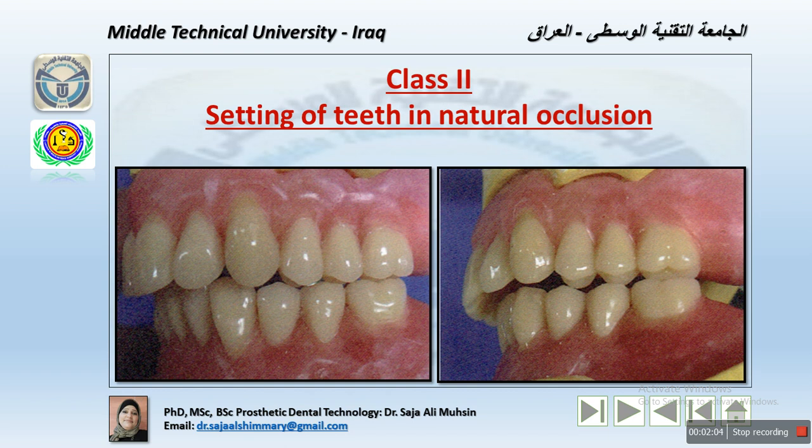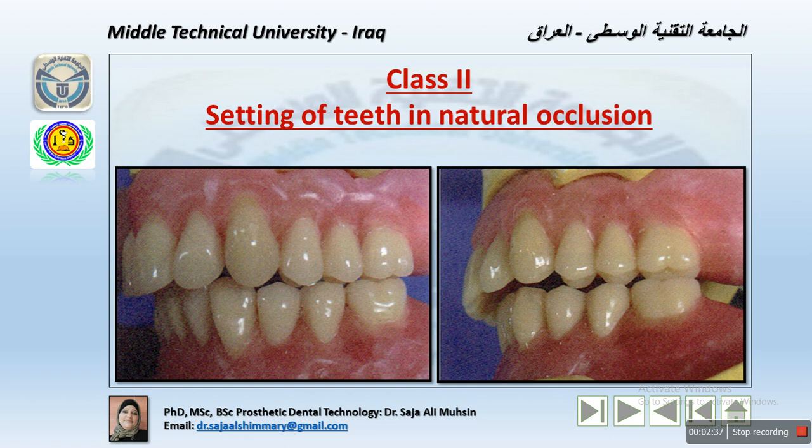In complete dentures, a normal relationship is maintained between the upper and lower posterior teeth. However, because the lower arch is narrower in class 2 than the upper arch, because of the posterior relationship of the mandible to the maxilla, a normal relationship between the upper and lower teeth cannot usually be achieved if the teeth are to be placed over the most stable part of the upper and lower ridge.